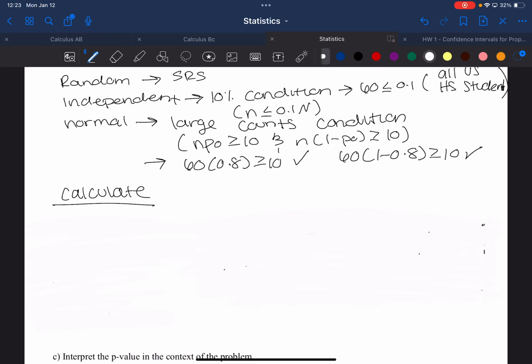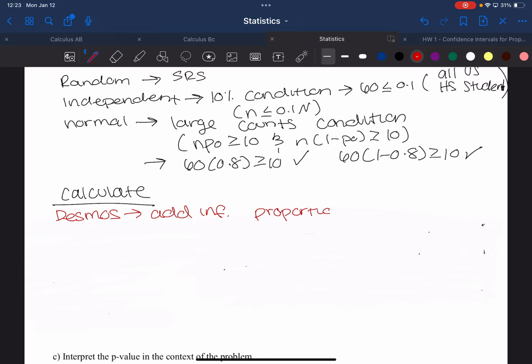So our steps for Desmos, that's what I'm going to write first: we're first going to add an inference, and then click on proportion z-test. When we do this, it's going to ask for our number of successes and then our sample size.